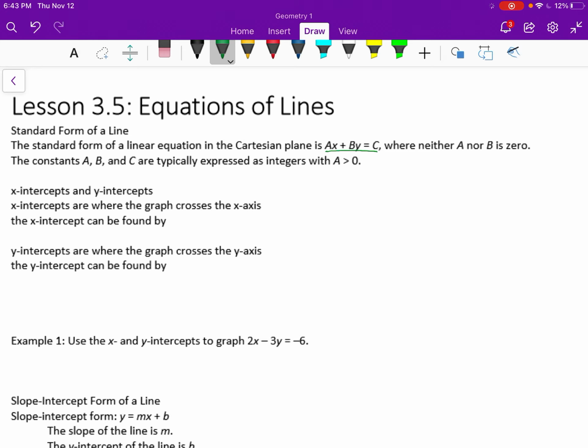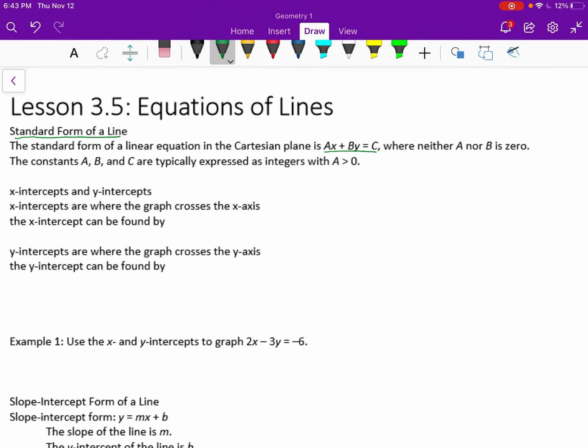X-intercepts and y-intercepts. That was the first part of this lesson. X-intercepts are where the graph crosses the x-axis. That's just the definition. The x-intercept can be found by plugging in 0 for the y value.